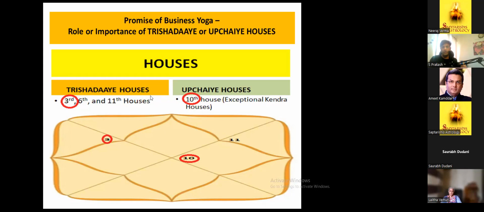What I'm trying to emphasize here is that if the 3rd and 10th complement each other, after checking the bhav and the karaka, it can give you a business yoga, and we will see this in upcoming charts or slides. So I believe that in Kshadai houses, the 3rd house is important for the business yoga, and in the Upachaya houses category, the 10th house is also very important.